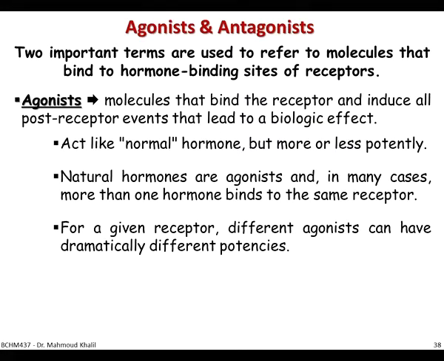It acts like the normal hormone, but more or less potent. The natural hormones are agonists, and in many cases more than one hormone can bind to the same receptor. For a given receptor, the different agonists can have dramatically different potencies.